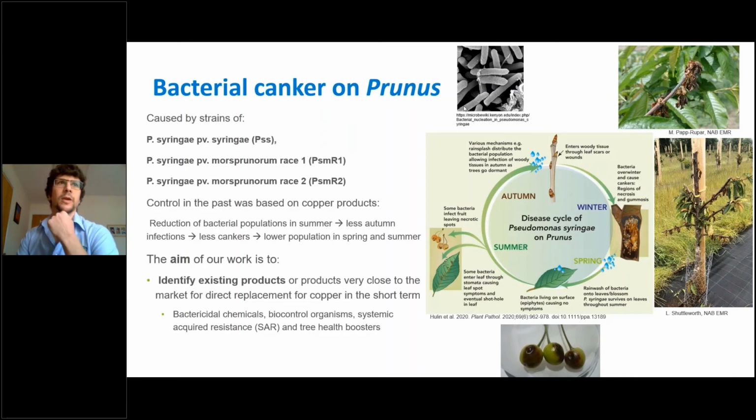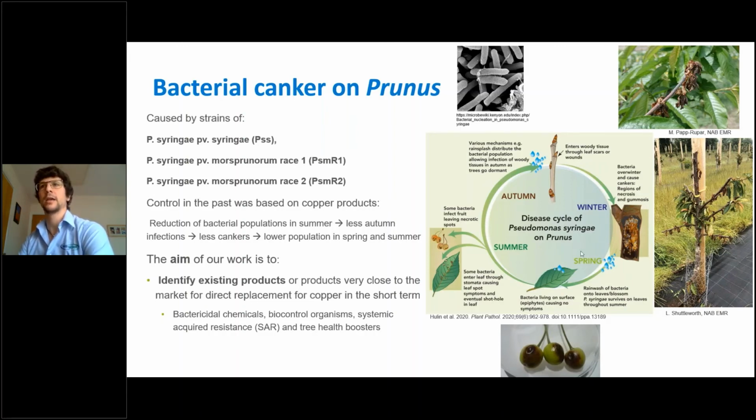In the UK, we have three strain groups, Pseudomonas syringae, and two more Pseudomonas syringae races that are the most important pathogens. And the disease cycle, pictured here, is quite complex for a little bacteria.